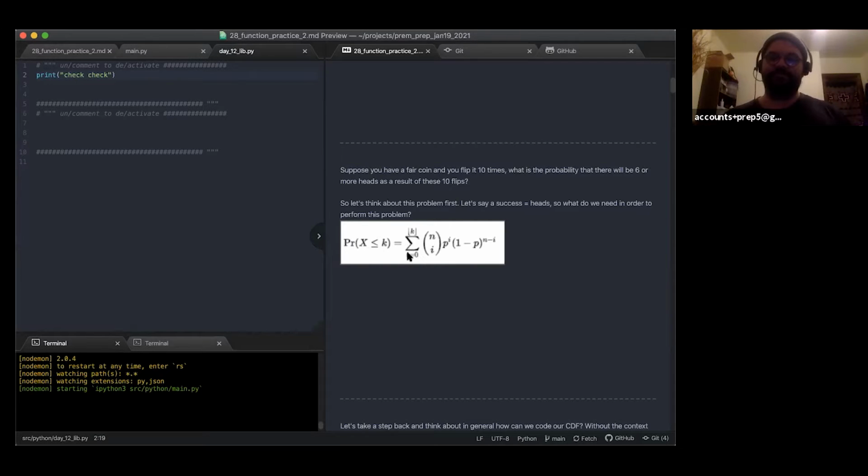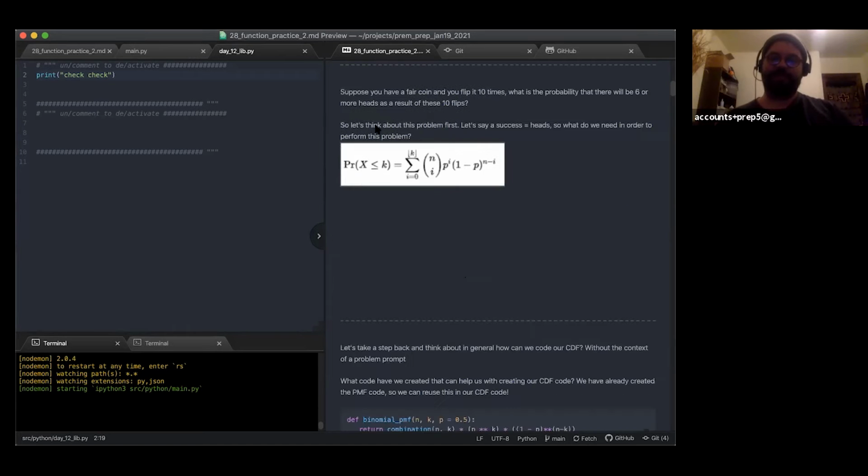So this is kind of cool because if we can implement n choose i times p to the i times 1 minus p to the n minus i correctly, then we can just take the sum of those for various values of i in range 0 to k inclusive. So cool. I just wanted to reinforce that when you see a sigma, you're generally running through a for loop through a range or sometimes a list.